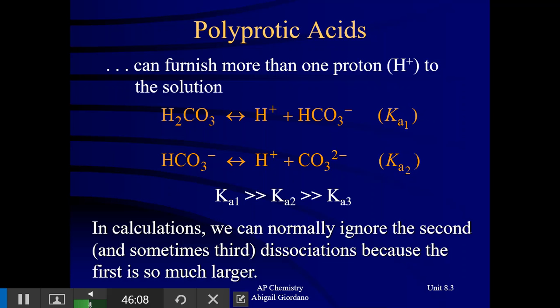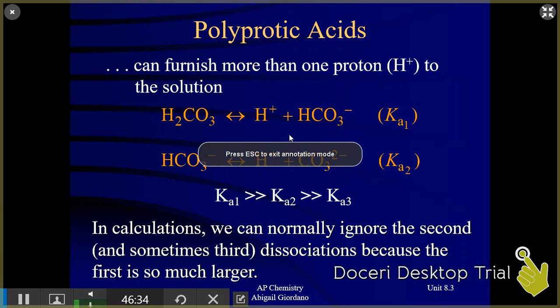It's not that that second dissociation doesn't take place. It does, but it's going to contribute so many fewer H+ ions to the environment compared to the first one that mathematically it's considered not significant.